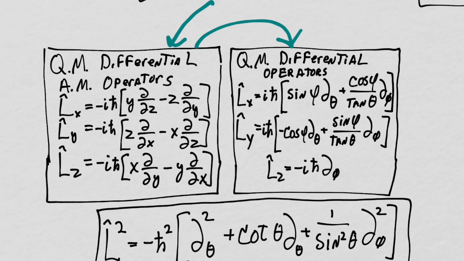But if you solve a problem that's got spherical symmetry, you always use spherical coordinates, and you end up using these operators. But notice these are differential operators, so you can say right away that the wave functions are going to be wave functions in spherical coordinates, right? And over here, the wave functions would be in Cartesian coordinates, right?